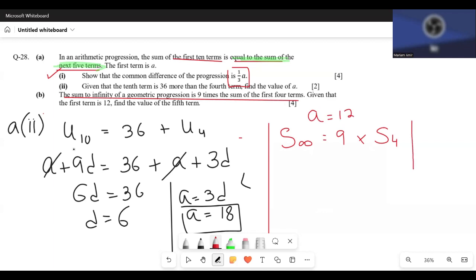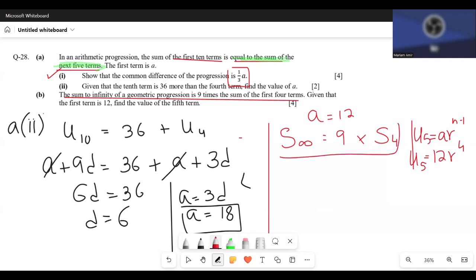We'll have to use this formula for the fifth term: a r power n minus 1. A is 12, and n minus 1 would be power 4. So we need the value of r, and then we're going to use 12 times r power 4 to get the fifth term.